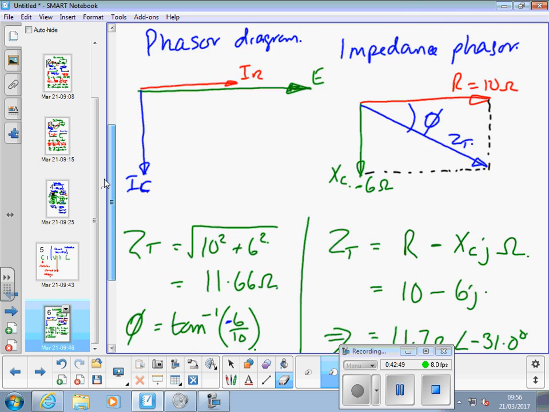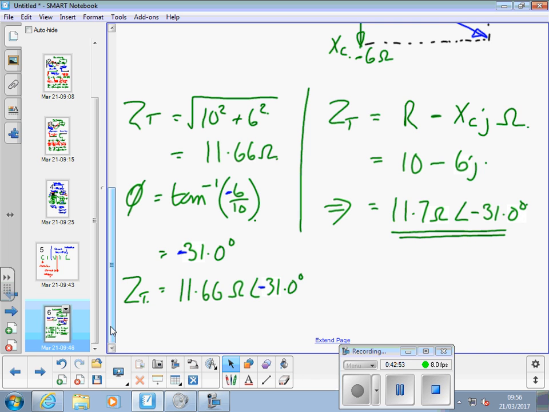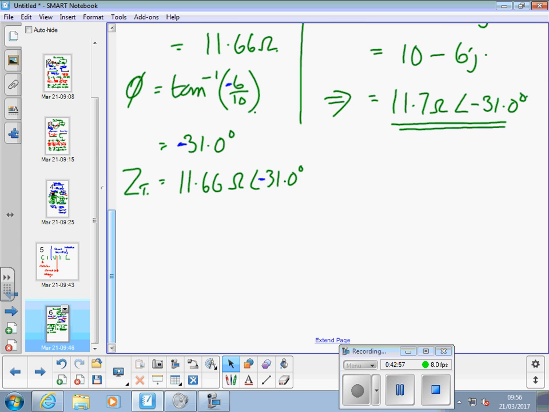IC is upwards. Just calculate our current. Do we get it right? Current I in this circuit is E over ZT.